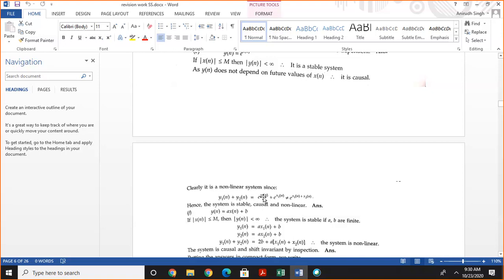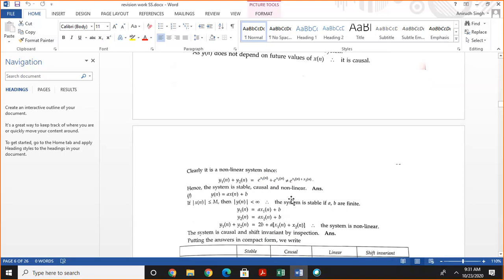It is a non-linear system. y1 of n plus y2 of n is equal to exponential x1n plus exponential x2n. This is the output when we apply x1n, and this is the output when we apply x2n, and we add these two outputs.